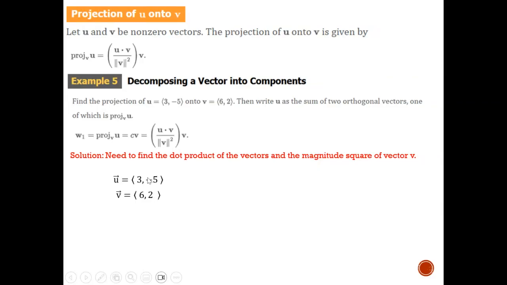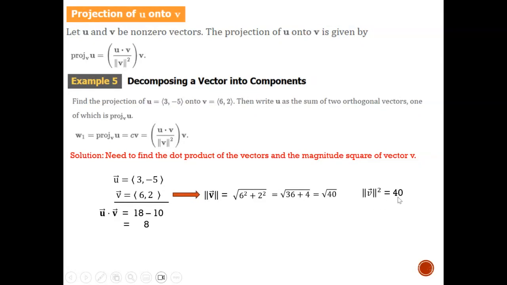So first we find the dot product of vector u and vector v, which will give us 18 plus negative 10, or minus 10, which will give us 8. And then I need to find the magnitude of v, which will give us the square root of 6 squared plus 2 squared, which will give us the square root of 40. But then when you square it, it becomes 40, so the bottom part is 40.